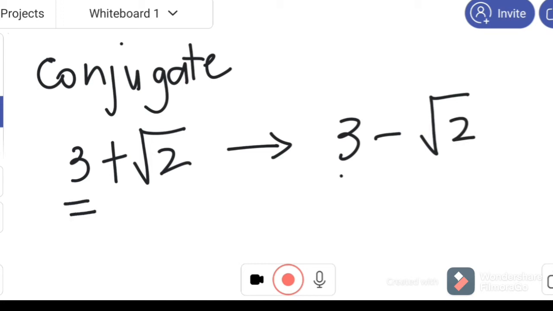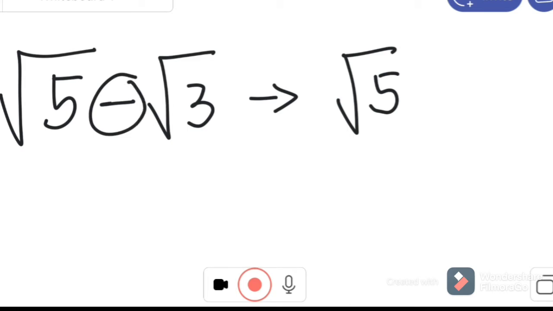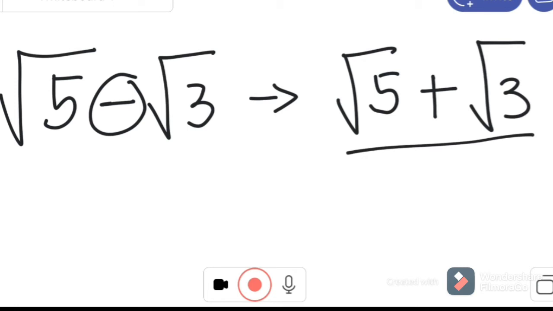Again, they have the same first term, the same second term, but opposite operations. Given is the square root of 5 minus the square root of 3. Its conjugate will be the square root of 5, opposite the sign is plus, and the square root of 3. This is the conjugate of square root of 5 minus the square root of 3.